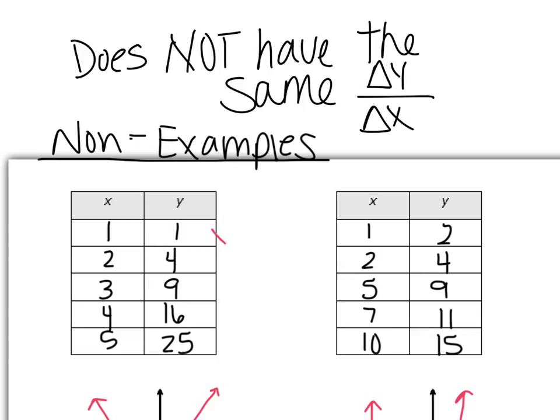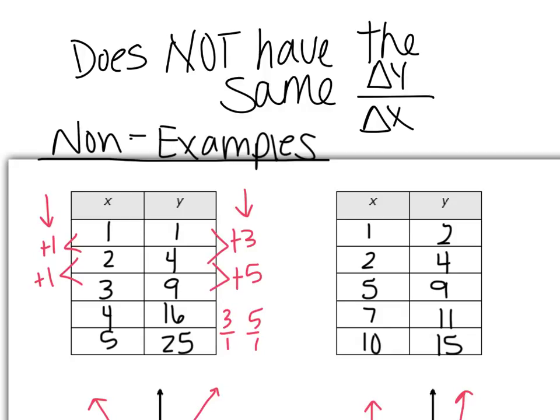So for example, this delta y is plus 3, this delta x is plus 1, this delta y is plus 5, this delta x is plus 1. I can already stop, and the reason why is because these delta x's are the same, but these delta y's are not. So when I have 3 over 1 and 5 over 1, we can already tell that this will not be linear because they are not the same fraction.